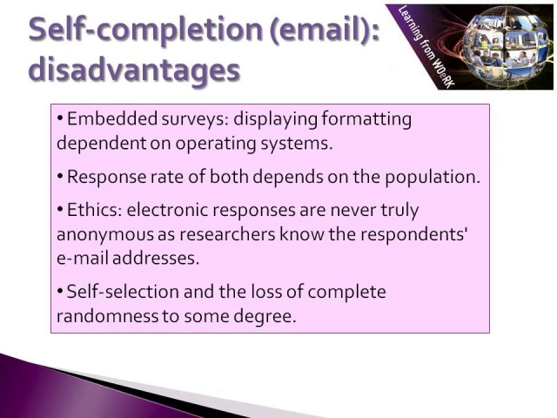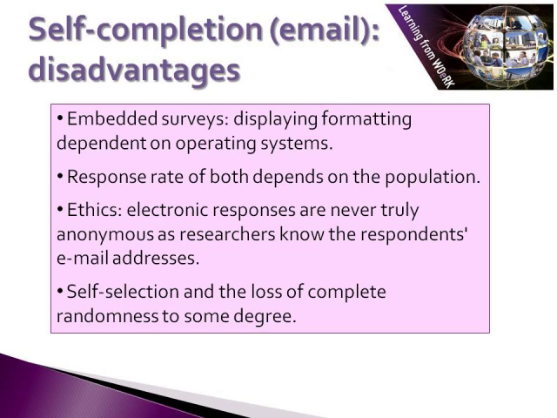The disadvantages with email surveys: with embedded surveys, the way it's displayed actually depends on somebody's operating system. The response rate of both embedded and attached emails completely depends on the population, again, as does a web survey. Ethics, again, it's the same as a web survey.